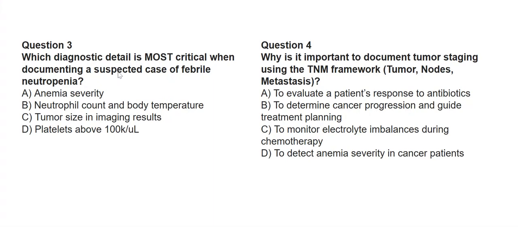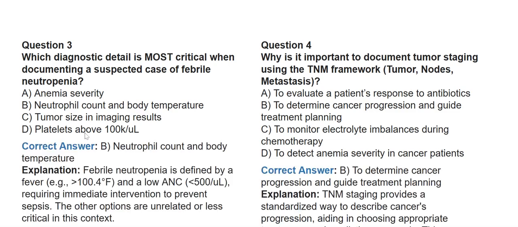Question 3. Which diagnostic detail is most critical when documenting a suspected case of febrile neutropenia? A, anemia severity, B, neutrophil count and body temperature, C, tumor size and imaging results, or D, platelets above 100,000 per microliter. And the answer is B, neutrophil count and body temperature.